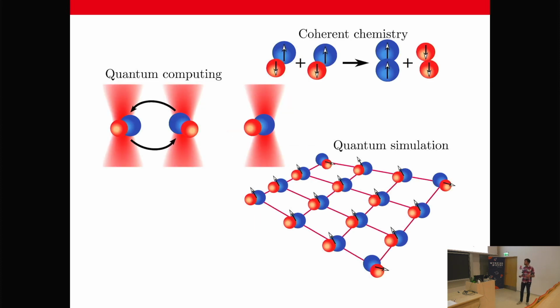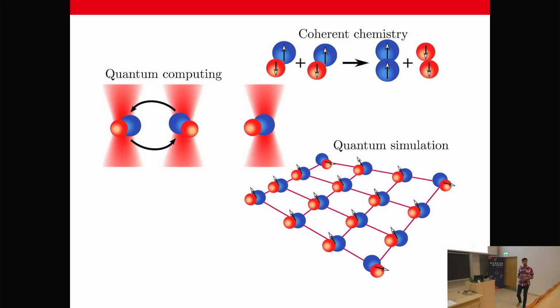Just a very brief introduction, basically a summary of the previous talks: we want to use these molecules to do things like quantum computing, quantum simulation, precision measurement, and studying ultracold chemistry. All of these applications would benefit from very dense and cold gases.